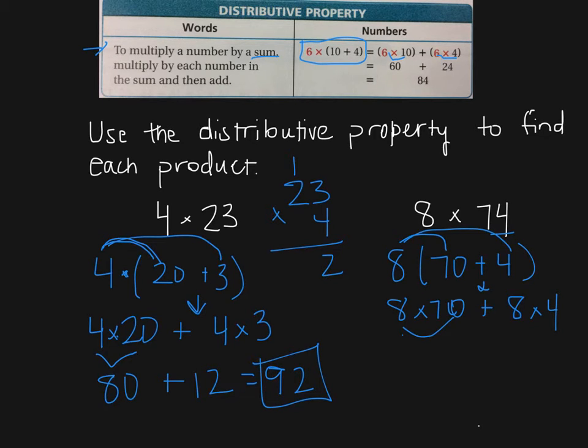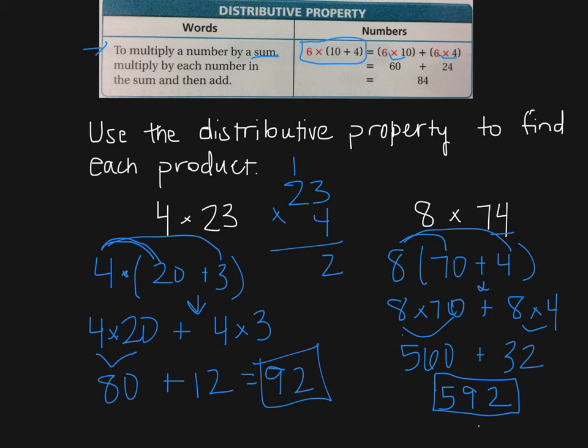Now, 8 times 7 is 56, then I just add on the 0. 560 plus 8 times 4 is 32. Now, this one's not so easy to do mental math with, but it would be easier to do it this way than doing it if you didn't have paper. So 560 plus 32 would give me a 2, then the 6 and the 3 would make a 9, and then the 592 would be that.